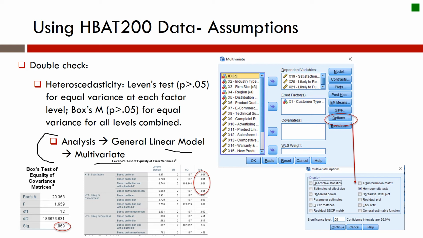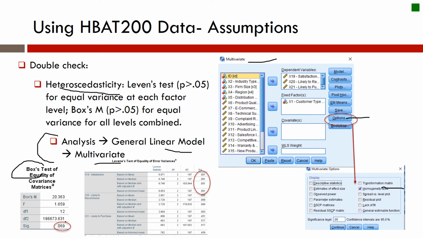We'll do heteroscedasticity testing to confirm that the groups are similar in terms of how much variability they have on the dependent variables across all 3 groups. Now you'll notice we run the multivariate analysis, we check other options, which would include homogeneity tests, and we're going to look at the Box's test and the Levene's test.